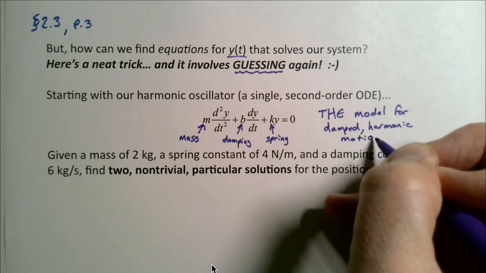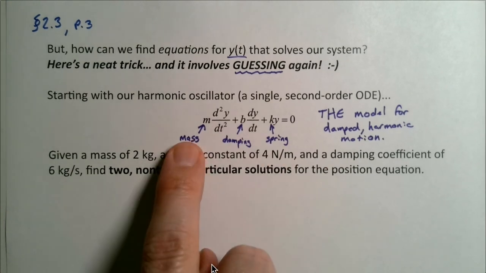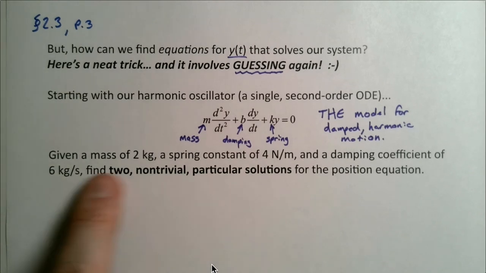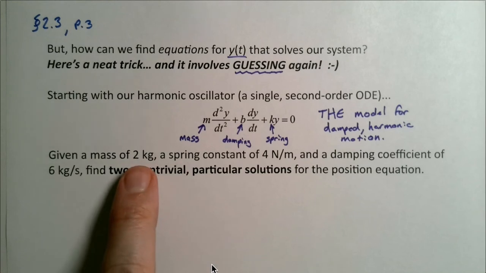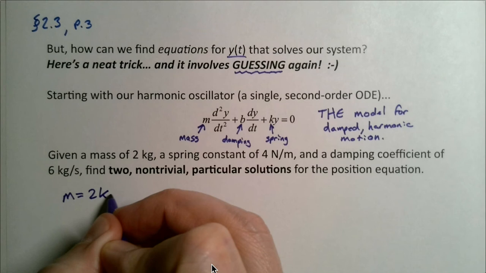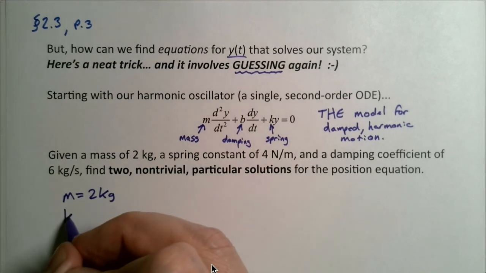So if you have a harmonic oscillator with damping, you can use this model. You just have to figure out what goes in for mass, damping, and spring, and you can go forward. So for example, let's take a look here as we have three quantities: a mass, 2 kilograms. We have a spring constant, that's k, of 4.